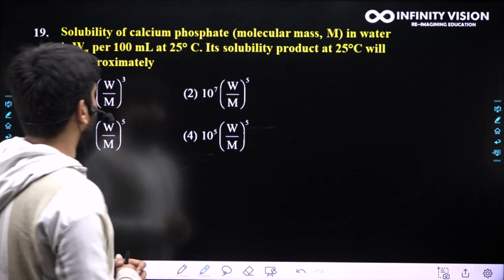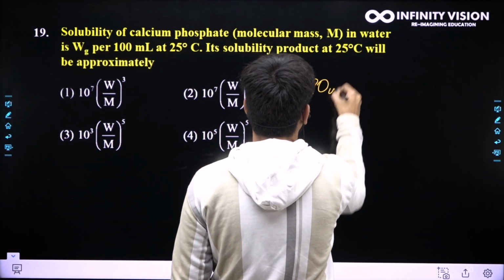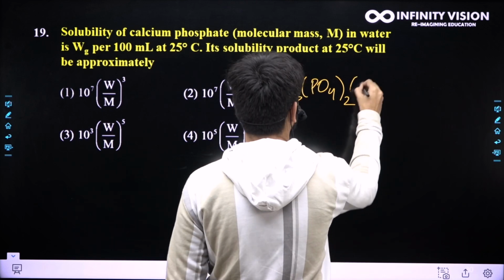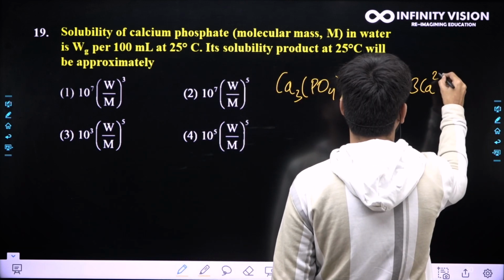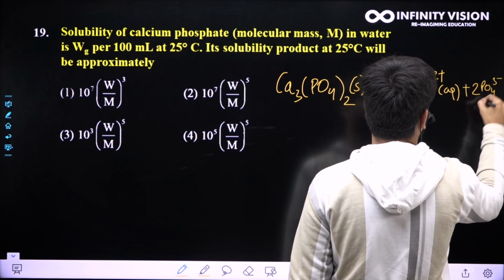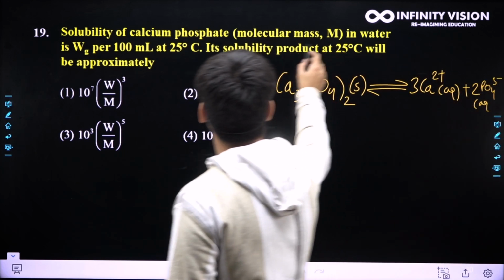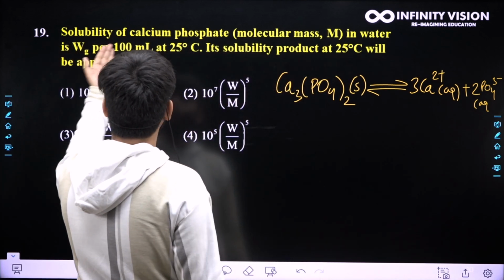Solubility of calcium phosphate. All right, we have calcium phosphate. So this is solid, solubility. So what do we have? 3Ca2+ aqueous plus 2 PO4 3- aqueous. The molecular mass is M. In water is W gram per 100 ml.